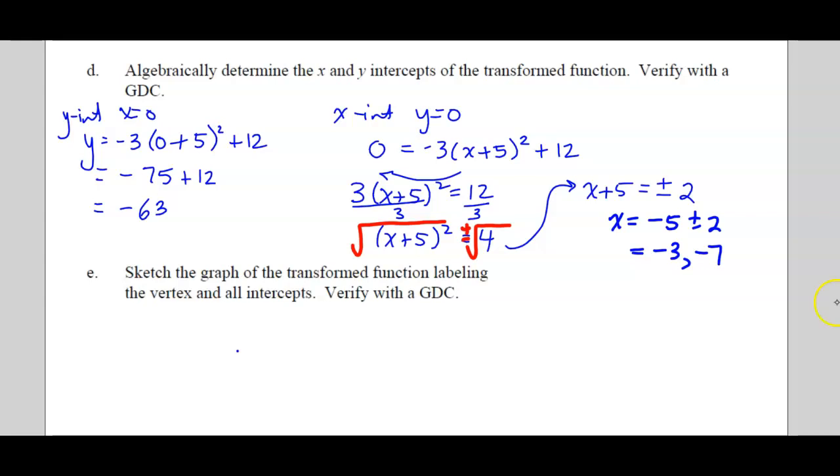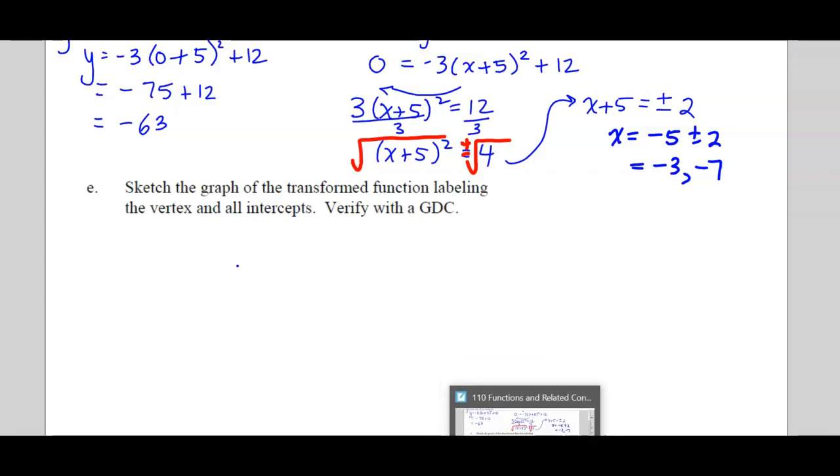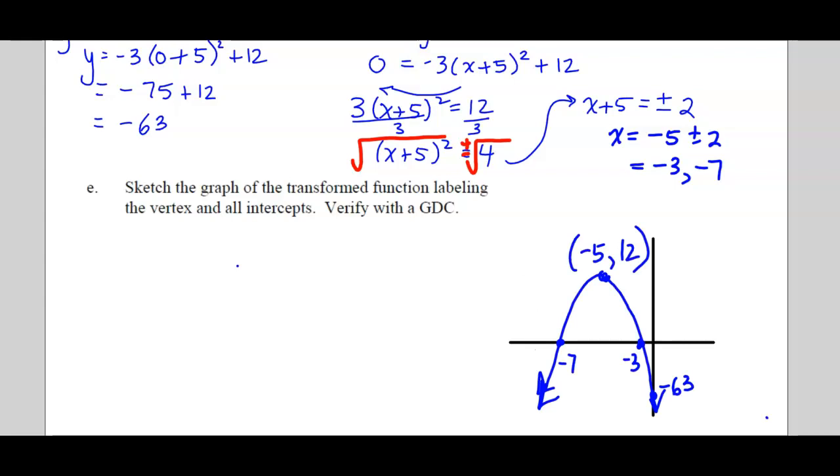Okay, let's just sketch it before we check with our calculator. So based on what we know, your sketch should look something like that.